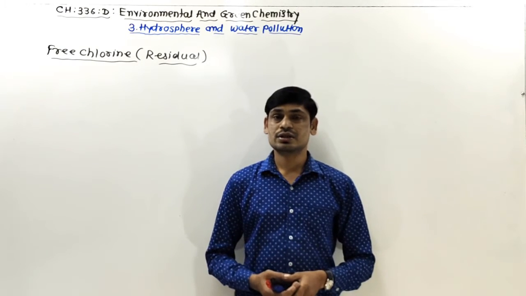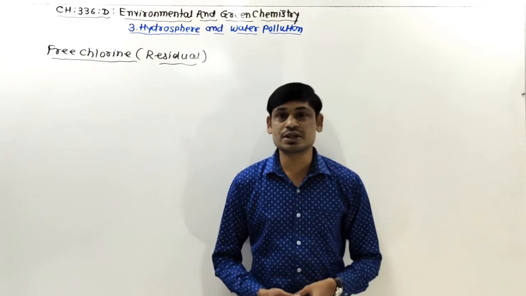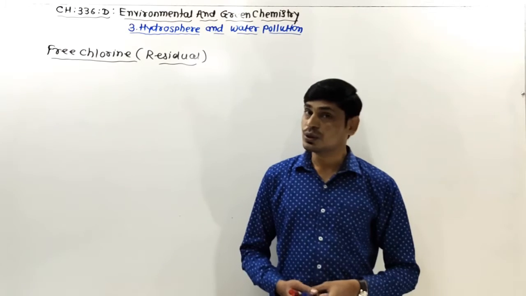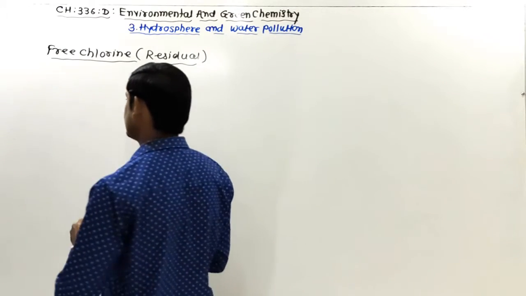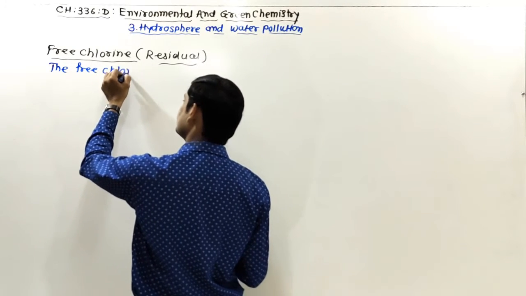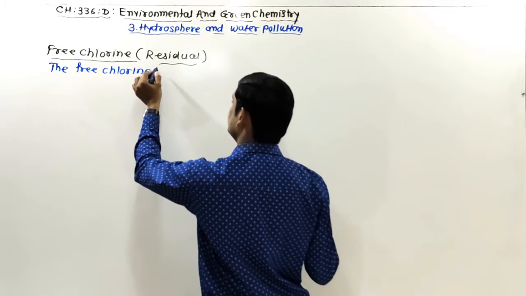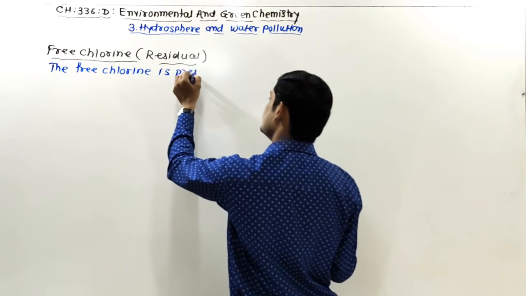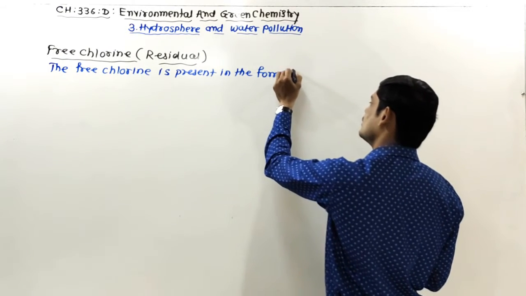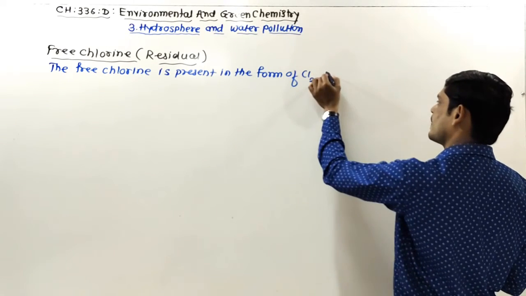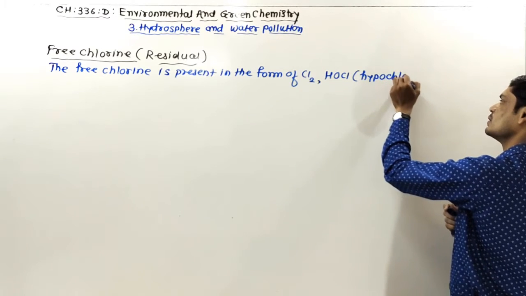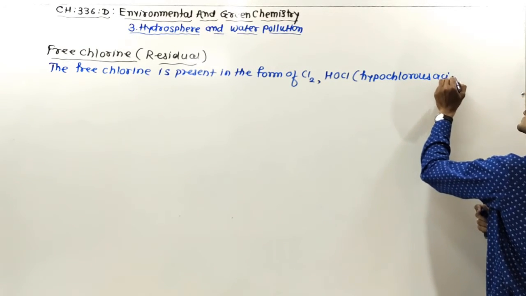So student, the free chlorine present in water is in the form of Cl2, hypochlorous acid, chlorous acid, etc. That means the free chlorine is present in the form of Cl2, then HOCl, we call it hypochlorous acid.